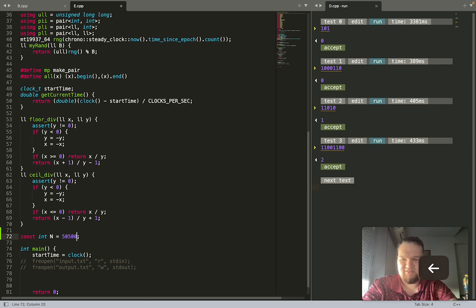And yeah, I will implement the version with linear memory. I just think that it's kind of cool.